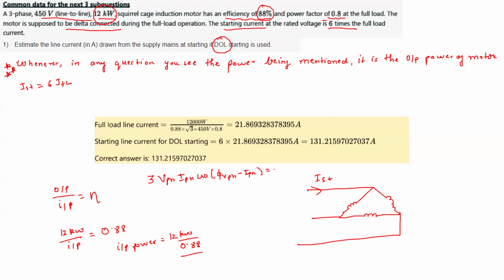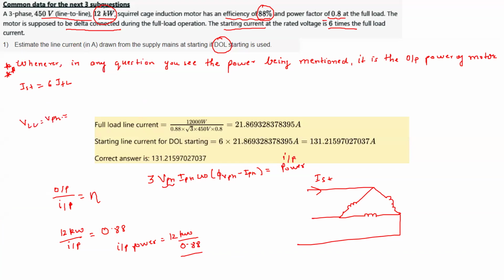Okay, so this is your power, in this case input power. Now the phase voltage and the line to line voltage for the delta connection is same. So V line to line voltage is V phase.